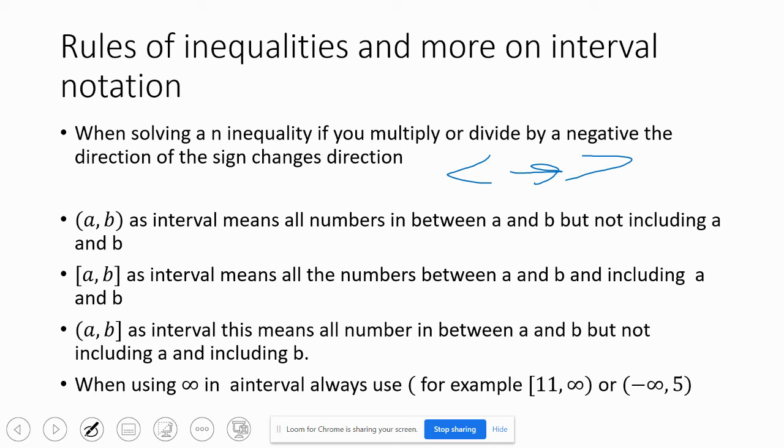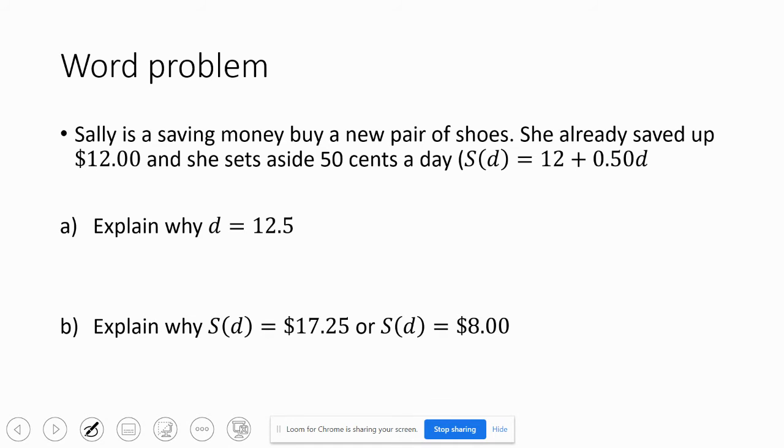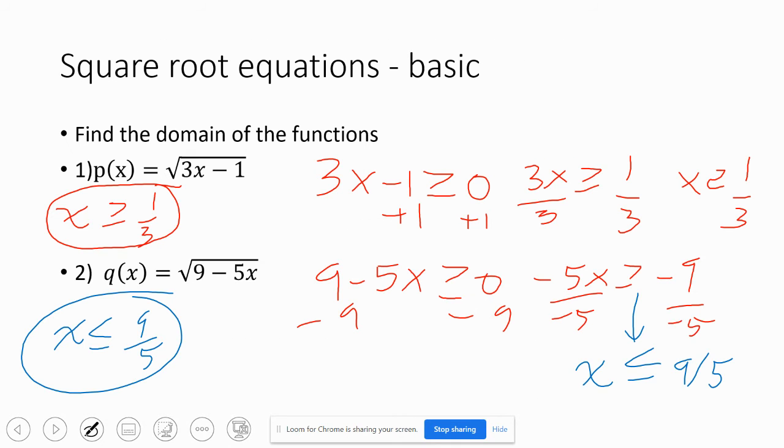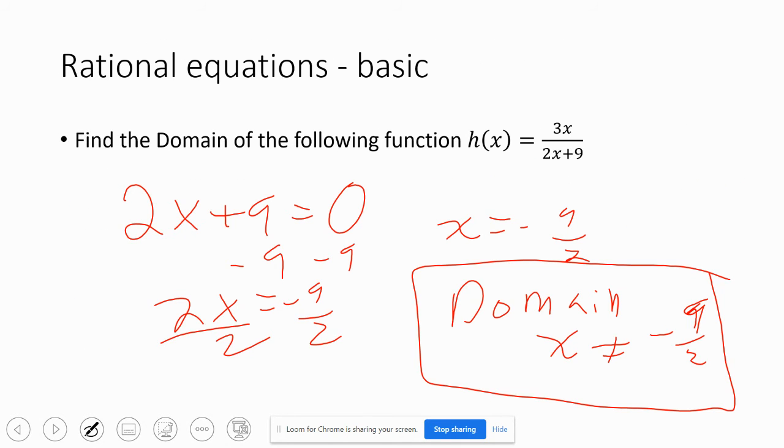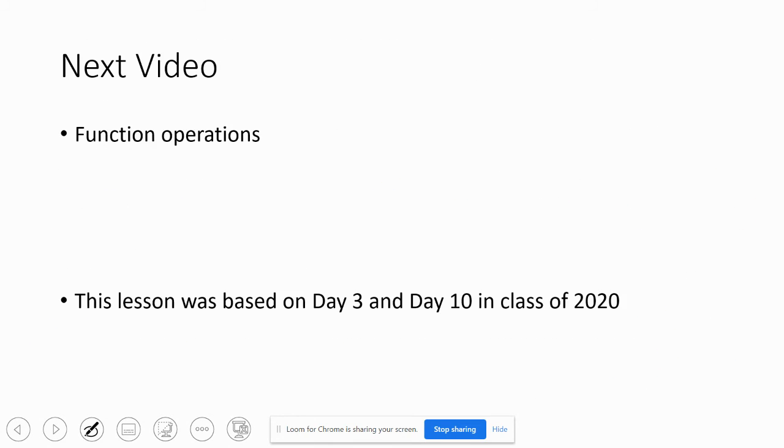A and B in parentheses as an interval means all numbers between A and B, but not including A and B. If they're brackets, it means all the numbers between A and B, including A and B. If one's a bracket and one's a parenthesis, this means all numbers between A and B, but not including A, but including B. When using infinity, you never put a bracket next to infinity. So remember, be careful about square roots, be careful about rationals, and these basic rules.